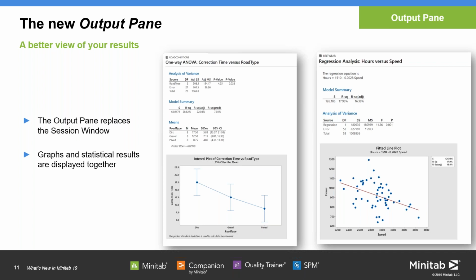Well, we heard from a lot of users that they really didn't like how that made things a little more difficult for them. It wasn't so easy to manage that output. So in release 19, all the output that you generate from a command stays in one window. So any model fitting, text output, graphical displays are all displayed within a single item in the Navigator. This will make it much easier to view and interpret your results.